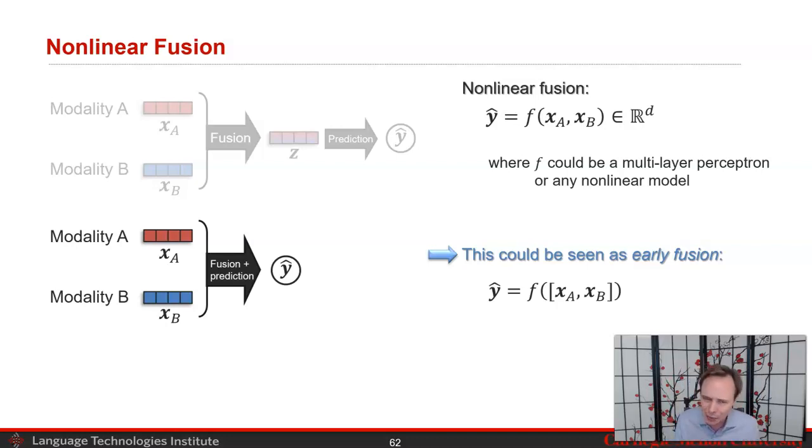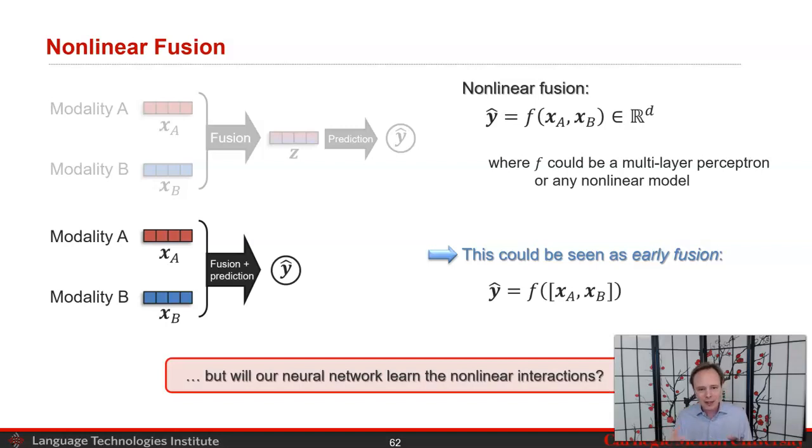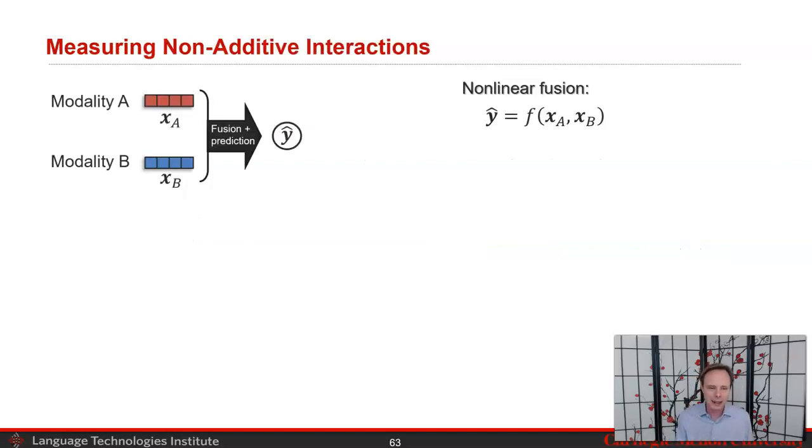But when you do it that way, in a somewhat less explicit way of doing fusion, then you have to ask yourself, what is really happening in my model? Is it really learning the non-linearities, the non-additive interactions, that I was hoping for? So for this, I'm going to start talking now about an approach which we will put into the quantification challenge, challenge number 6, but I will talk about it because it is very relevant at this point.